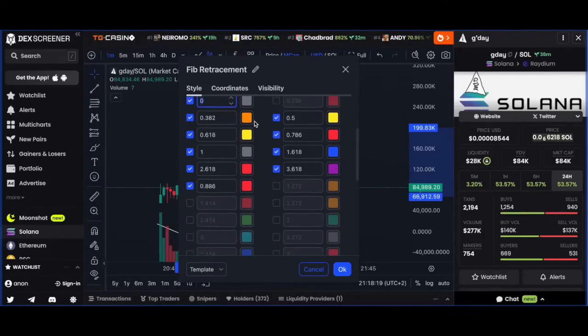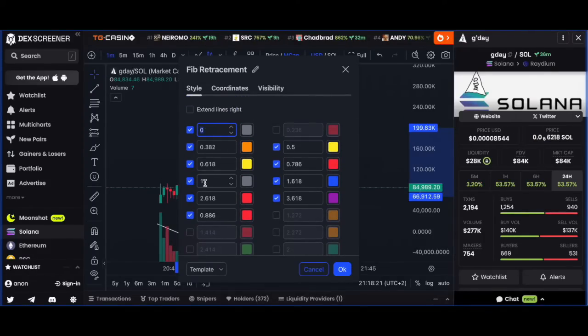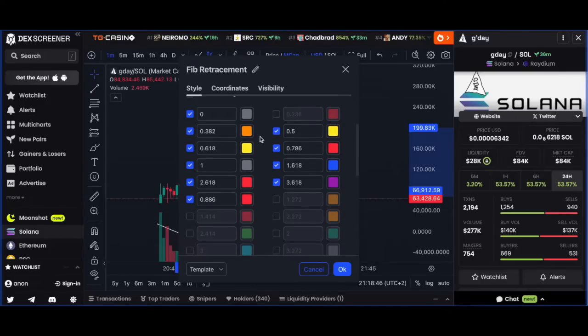But essentially what we're looking at is the 0 to the 1 level in gray. Shallow fib is 0.382. A lot of altcoins, if they're in a strong bullish uptrend, only ever really retrace to the 0.382, with a way higher market cap. Meme coins, they love to come back down and really retest the lows down here at 0.886 and 0.786. The golden pocket is the 0.5 to 0.618.